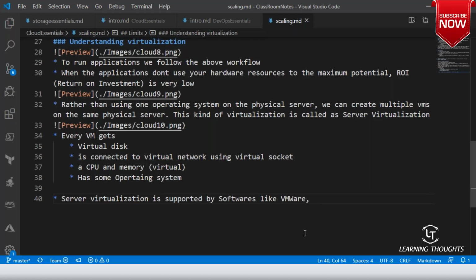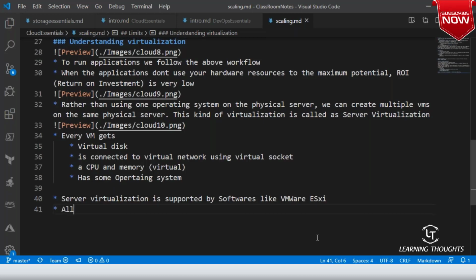VMware is very popular in this world. VMware ESXi. There are many other old ones, but I would just write about VMware at this moment. There is also virtual desktop infrastructure, but I'm not getting into desktop virtualization at this moment. If you understand server virtualization, this is what it is.